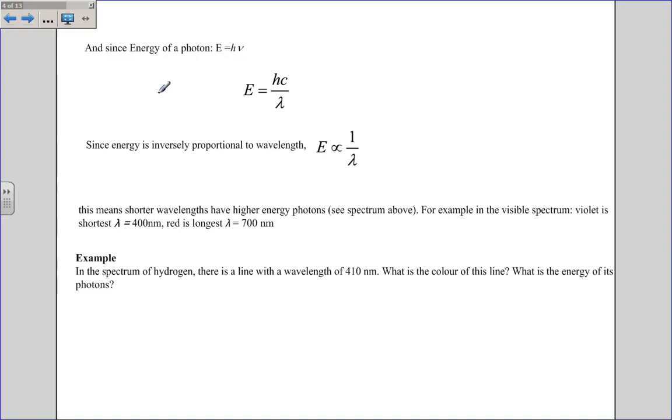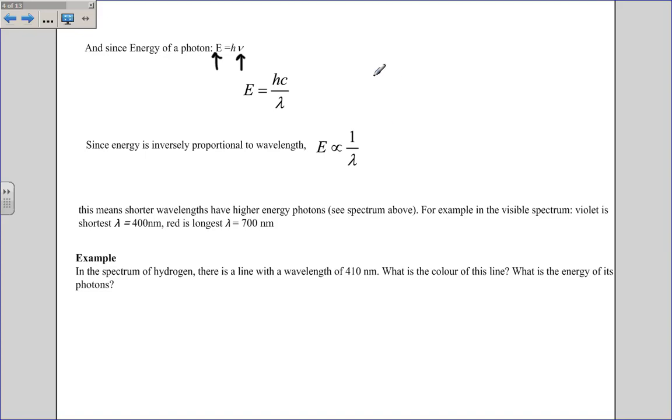And let's make the connection between the energy of a photon in terms of its frequency and now in terms of its wavelength. As we can see from this formula, as the energy increases, so as E increases, the frequency increases. Or thinking about it the other way around, the higher the frequency of the light, the more energy there is in that light.